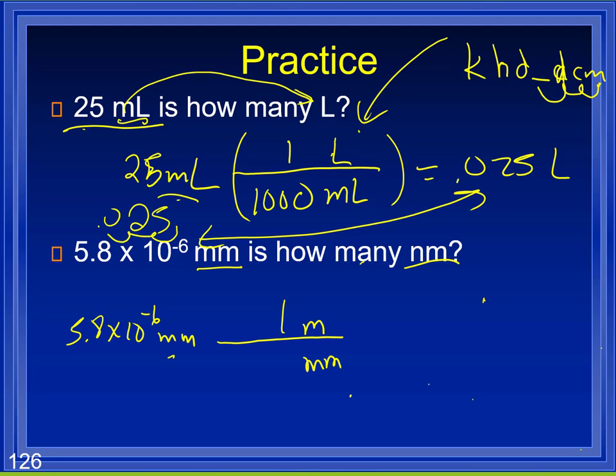And the millimeter gets the 1,000, just like the one above it. Notice how these two conversion factors look the same. So I got rid of millimeters and gave me meters.